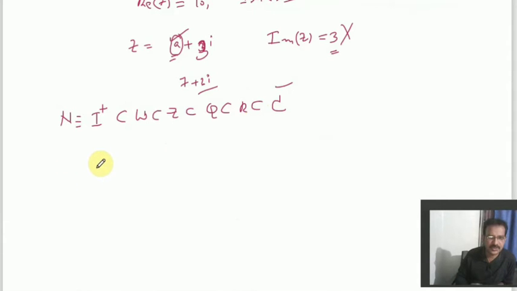Any real number can be a complex number whose imaginary part is 0.